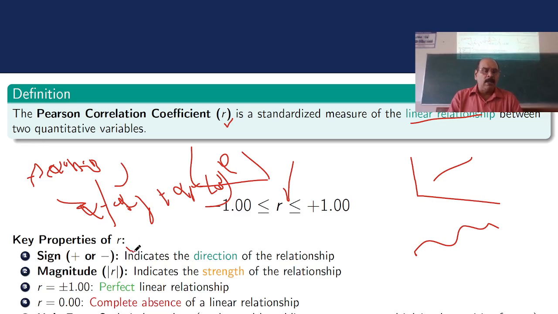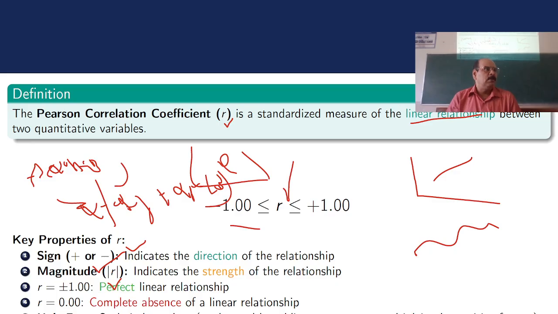Okay. So when R, the Pearson's coefficient, is negative, it shows that it's a negative correlation. If it is positive, it shows that as x increases, y increases. As the magnitude of R increases, it shows that there is a strong correlation. If it is minus 1, what does it mean? It's a strong negative correlation.